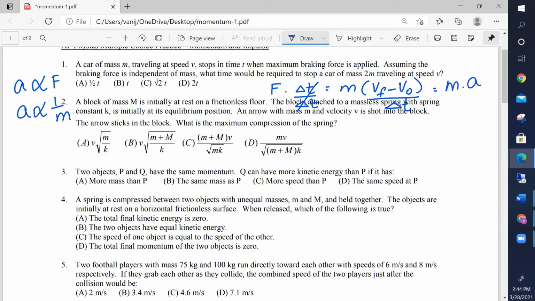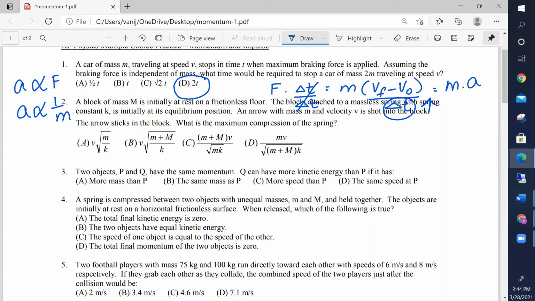So as the mass increases, the acceleration is going to decrease. That means the time is going to increase by the same factor. I'm doubling the mass here, and therefore your time is going to double, which means that it's going to become 2t.